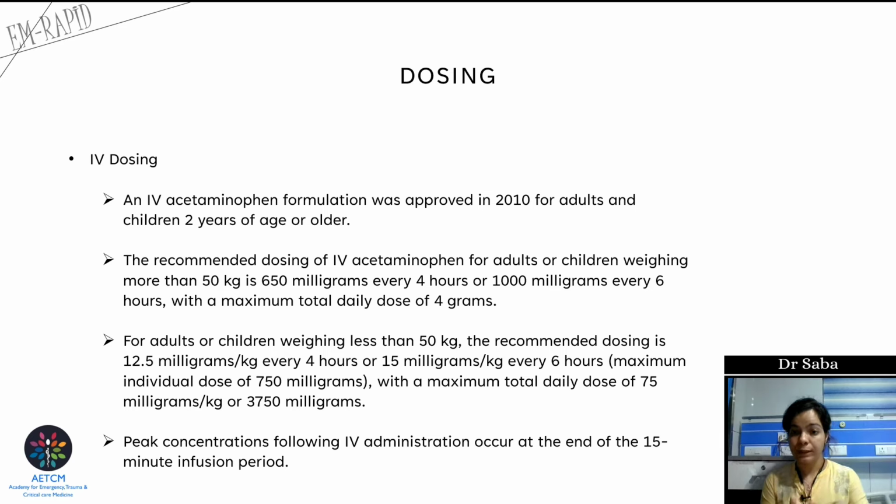For those who weigh less than 50 kgs, the recommended dose would be about 12.5 milligrams per kg every 4 hours, or 15 milligrams per kg every 6 hours, with a maximum individual dose of about 750 milligrams, with a total daily dose of about 75 milligrams per kg, or 3,750 milligrams. That is 4 grams total daily dose for those above 50 kgs, and 3,750 milligrams for those who weigh less than 50 kgs.